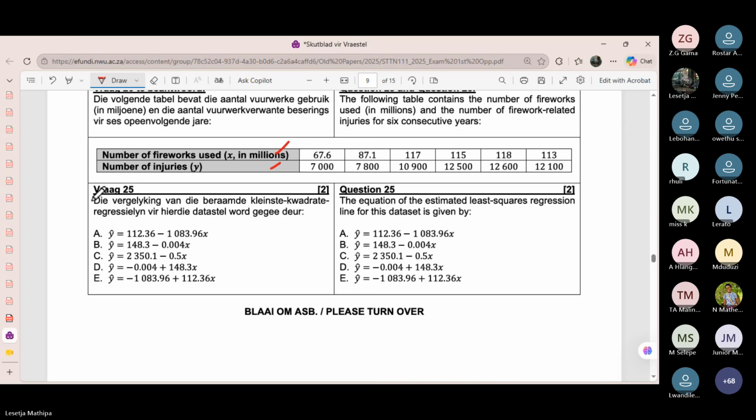The answer is E. Did you guys also get E? Okay, all of you, before you proceed to the next question.